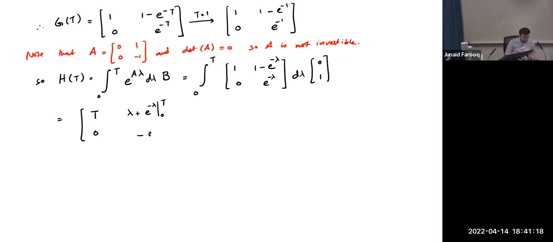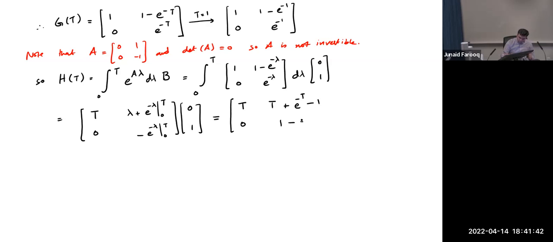This is minus e to the minus lambda times 0, 1. So if you simplify this, it becomes capital T plus e to the power minus T minus 1. This is 0. This is 1 minus e to the minus capital T.